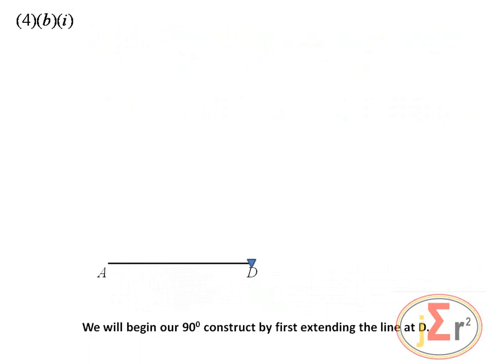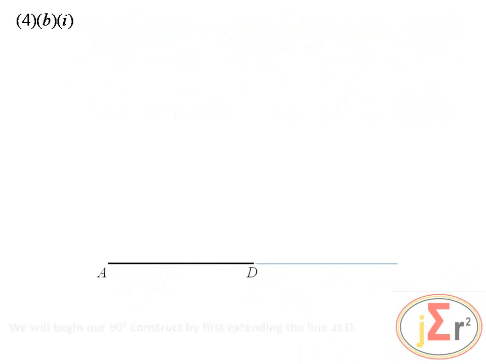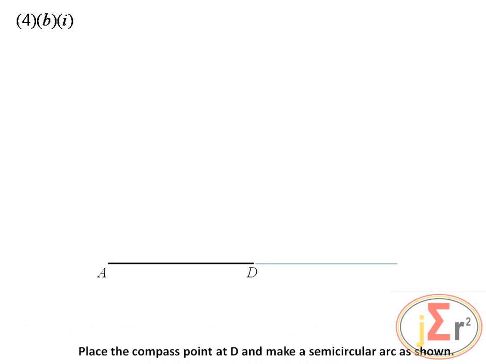We will begin our 90 degrees construct by first extending the line at D. We will say produce the line AD at D. So AD produced. Alright. Place the compass point at D and make a semicircular arc as shown. I particularly like the way that one of my students solved this problem. Lysandra Richards.